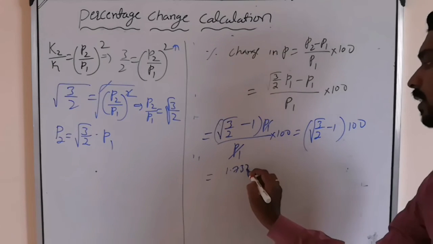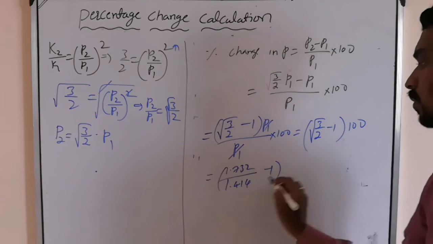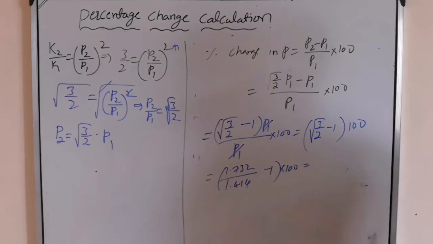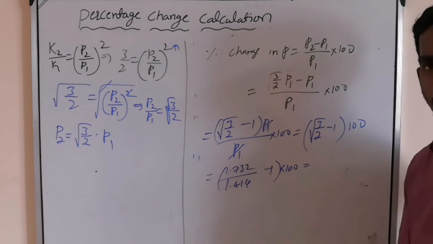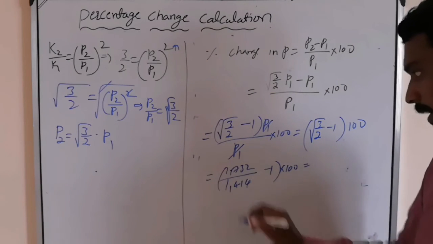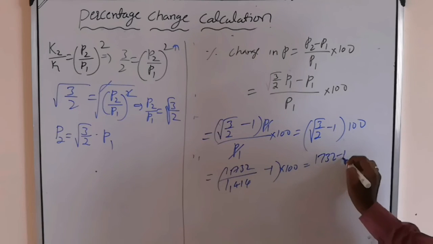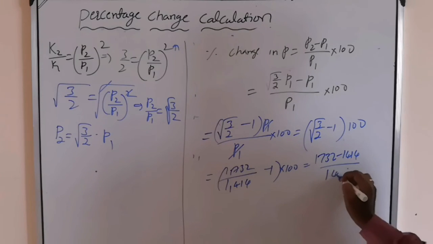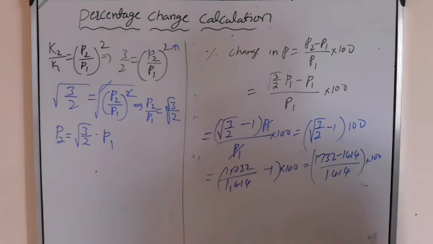Root 3 is how much? 1.732. Root 2 is what? 1.414. Minus 1 into 100. Now the points cancel, same. Now (1732 minus 1414) by 1414 into 100.